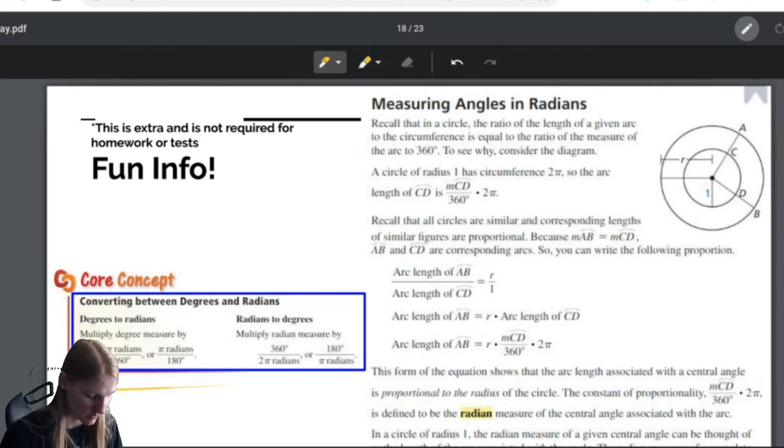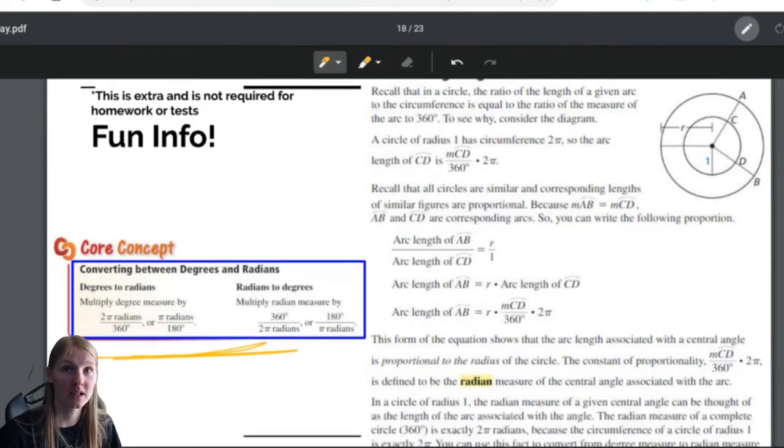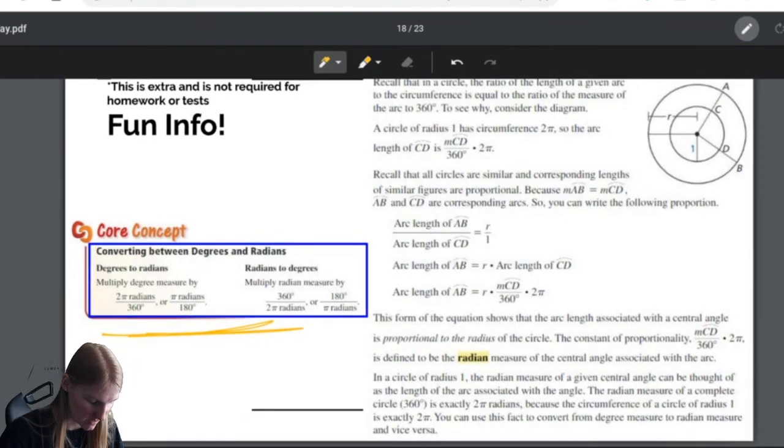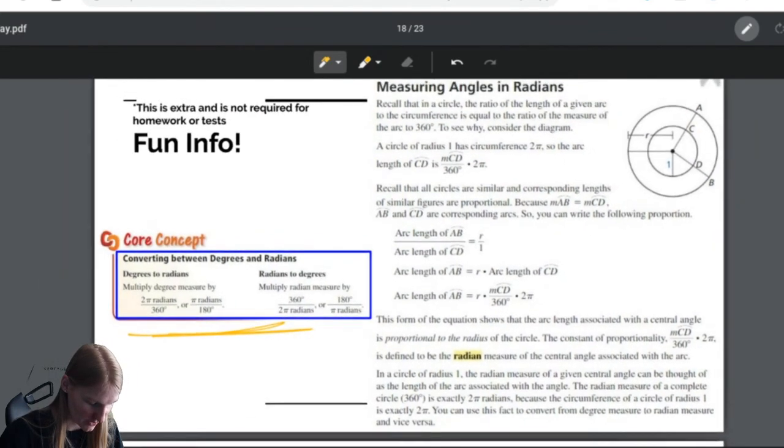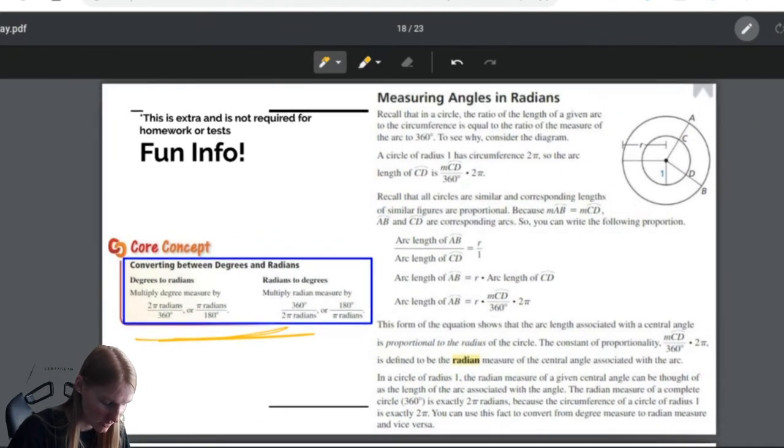Here, this tells you how to convert between degrees and radians. And all this information on the right tells you about what a radian even is, where a radian comes from.